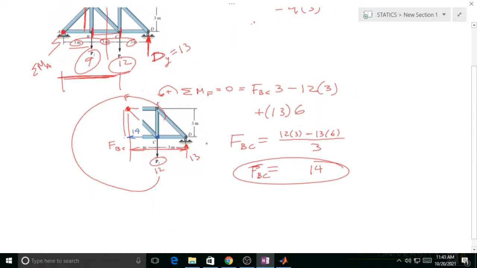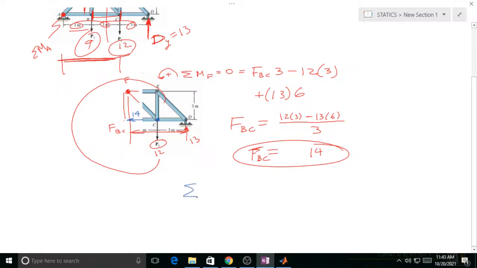So if I want to now sum moments about C, that equals 0. Then what I've got here is about C. The force here and down that length produce no moment, but the force here will. So I'll assume it to the right, and I'll call it FEF. Its moment arm from here to here, perpendicular distance, is 3.